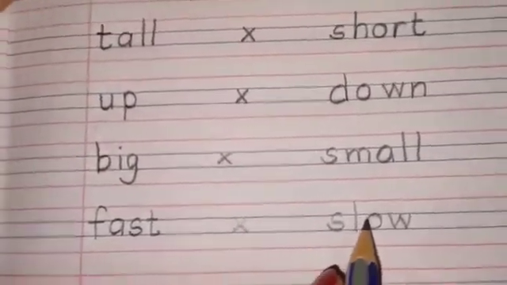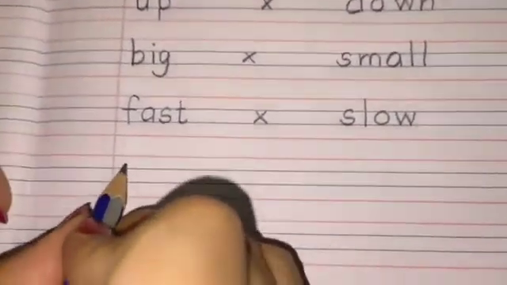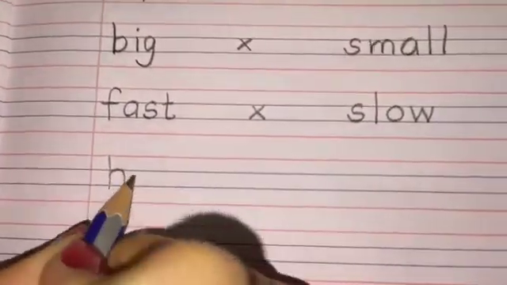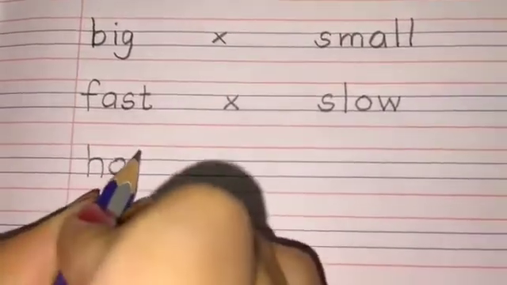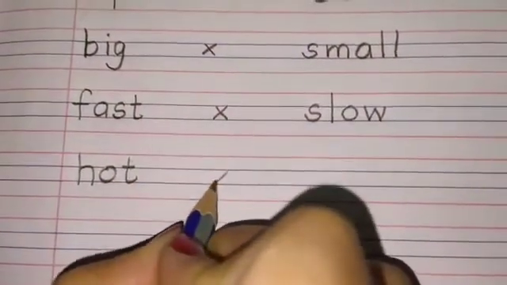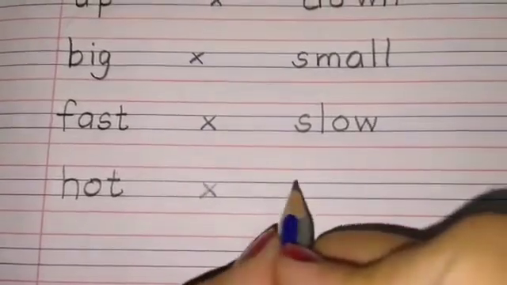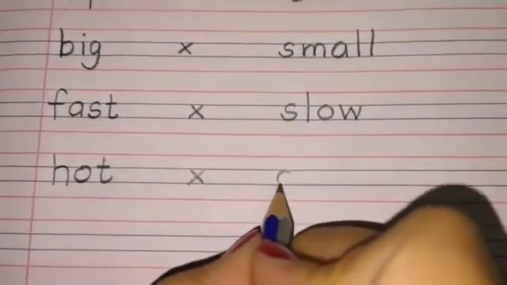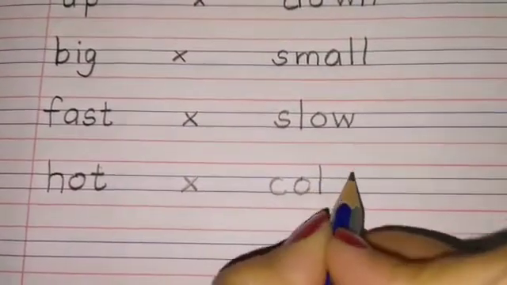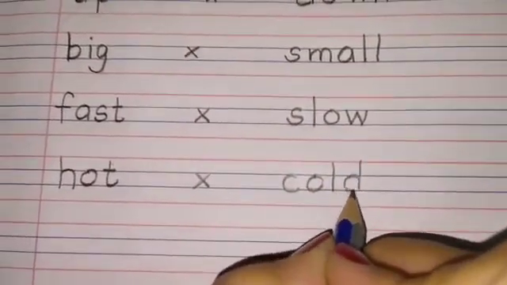Fast, slow. Then is hot. H O T. Hot. Make a cross. Opposite of hot, cold. Very good. C-O-L-D. Cold.